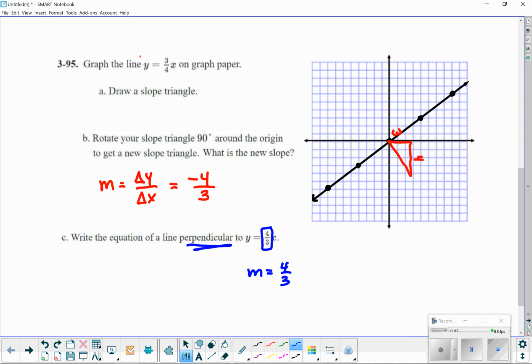If I want a perpendicular, I'll use green in this case, m equals the flip, which is 3 over 4, and the opposite, which means negative 3 over 4. So my equation, and I can do it pretty much any way I want, is going to look something like y equals negative 3/4 x plus whatever you want. So if I say plus 5, that should be the equation that's perpendicular to that 4/3 x, excuse me.